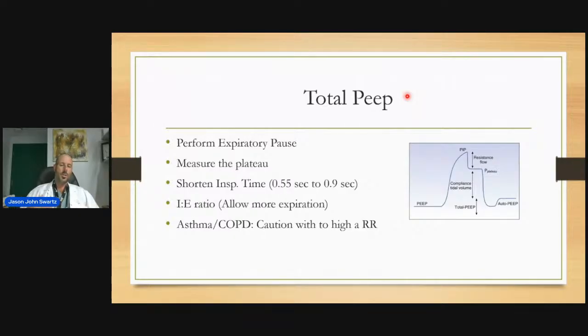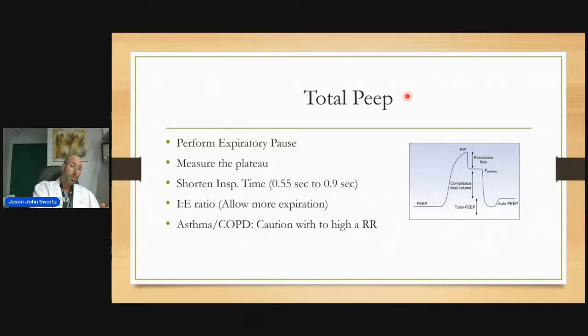Use caution with asthma and COPD patients who are very acidotic, because high respiratory rates could cause significant air trapping. You might have a minute ventilation, but you're air trapping, so you're not allowing them to expire that stagnant air with CO2 to get another deep breath in.